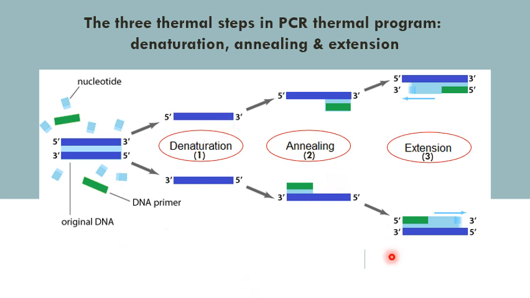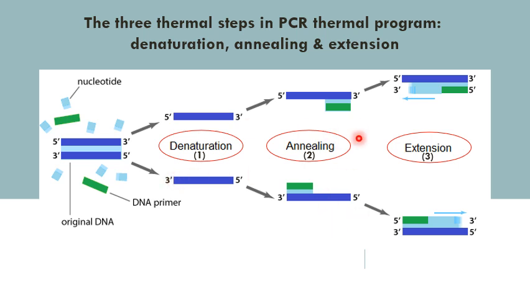The main steps of the PCR are denaturation, annealing, and extension. The denaturation is simply the separation of the two strands of the DNA, because the polymerase needs to come and do its job of extending or synthesizing the piece of DNA. So the two strands need to be separated, or denatured.